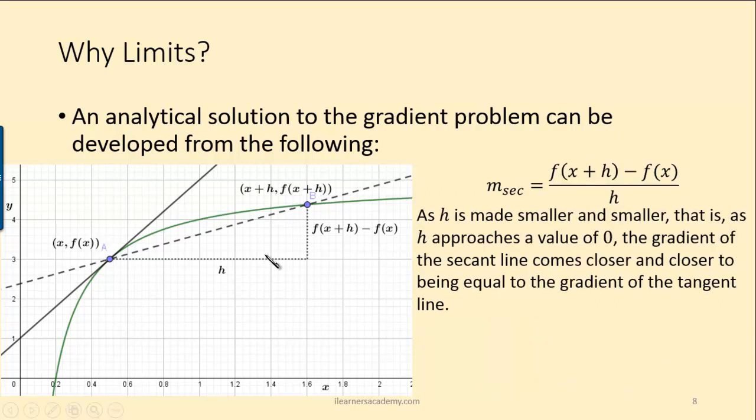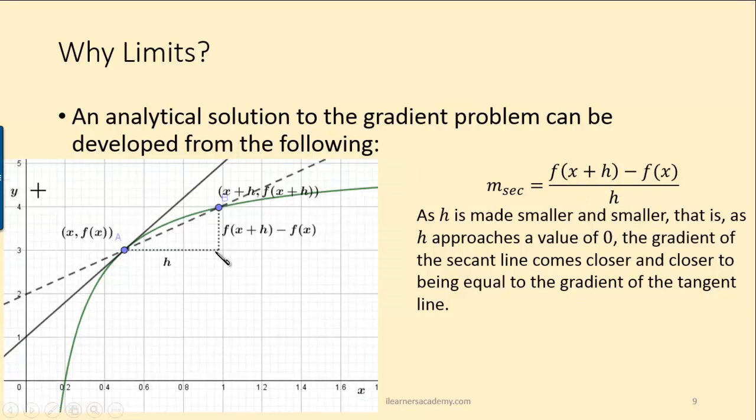So let me repeat that. This expression will give us the gradient of this tangent line when h gets very, very small and is almost equal to 0. In fact, so close to 0 that no matter what number you think of, it's closer to 0 than that. The term we use is infinitesimally close. So the gradient of this tangent line is going to be equal to the gradient of this secant line as h becomes infinitesimally small.